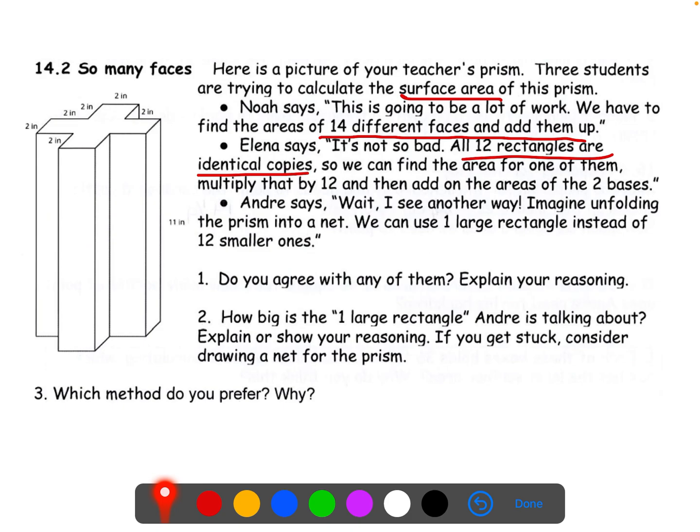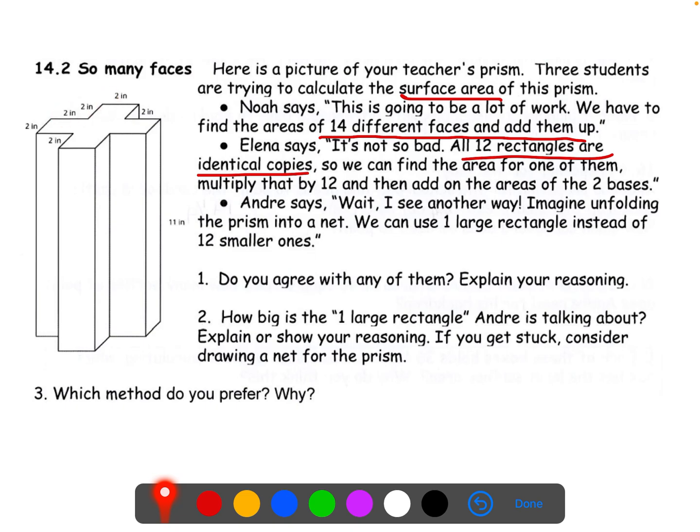And then Andre had an interesting way of looking at it when he said that you look at the net. Remember, the net is taking a 3-dimensional shape and laying it flat. If we were to do that, we would have one large rectangle that would be 11 in one direction, and then it would be all of these 2's combined.